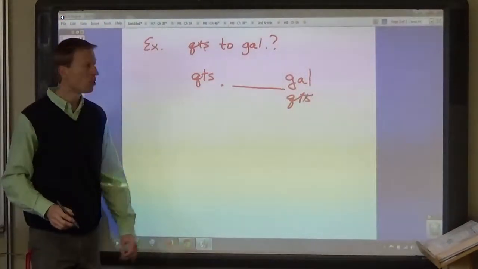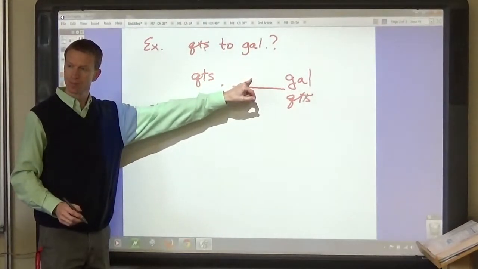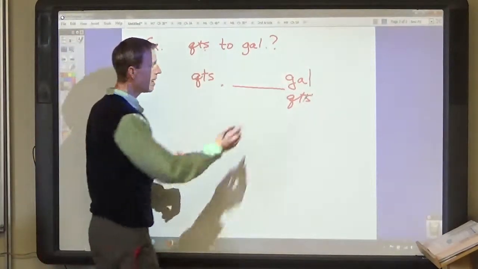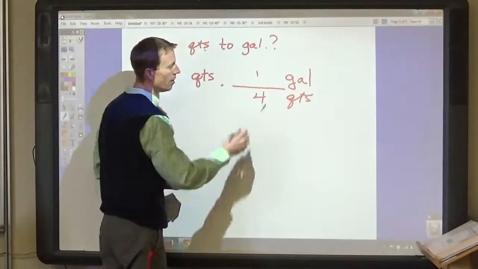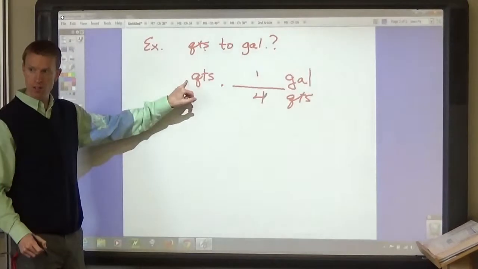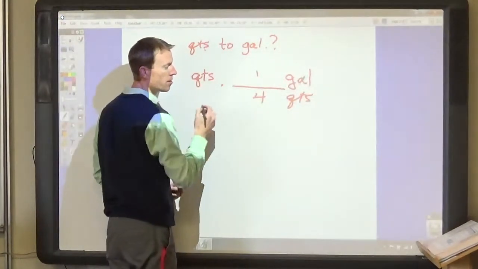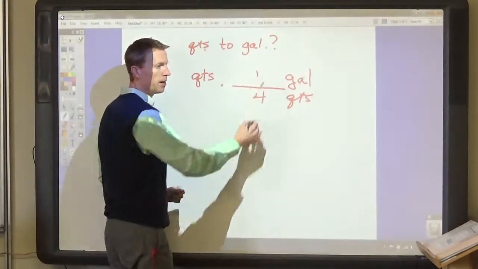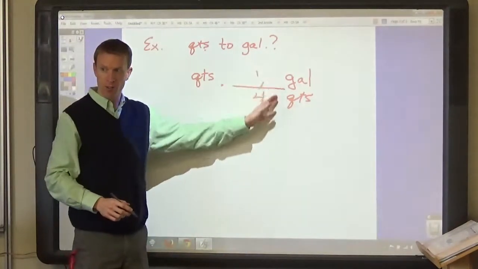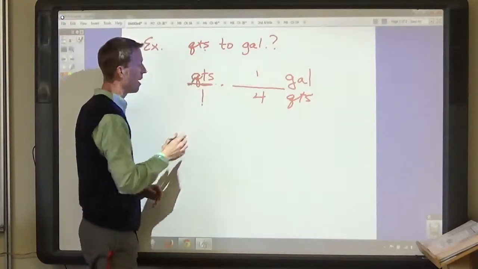Do you know how many quarts are in a gallon? 4, exactly. 1 gallon is equal to 4 quarts. So if you have quarts and you want to convert to gallons, you need to write a proportion or a conversion factor that will give you that.